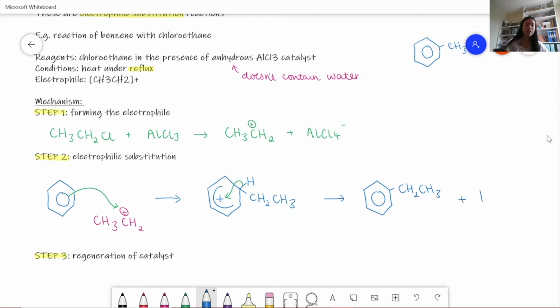And then we also have the H+, which we have substituted out. So we have formed ethyl benzene. And so we have to remember that this is an electrophilic substitution reaction because the attacking group is this electrophile, this CH3CH2+ ion, and we're substituting it in for the hydrogen.